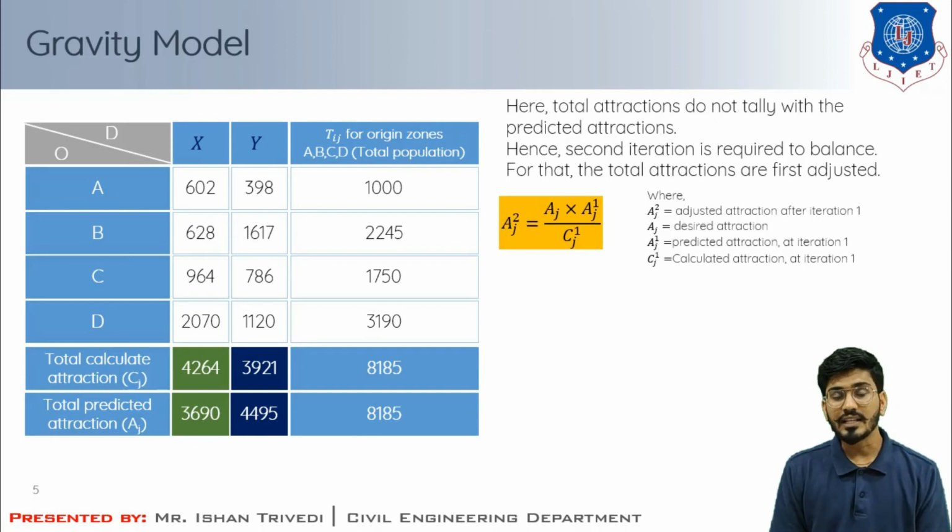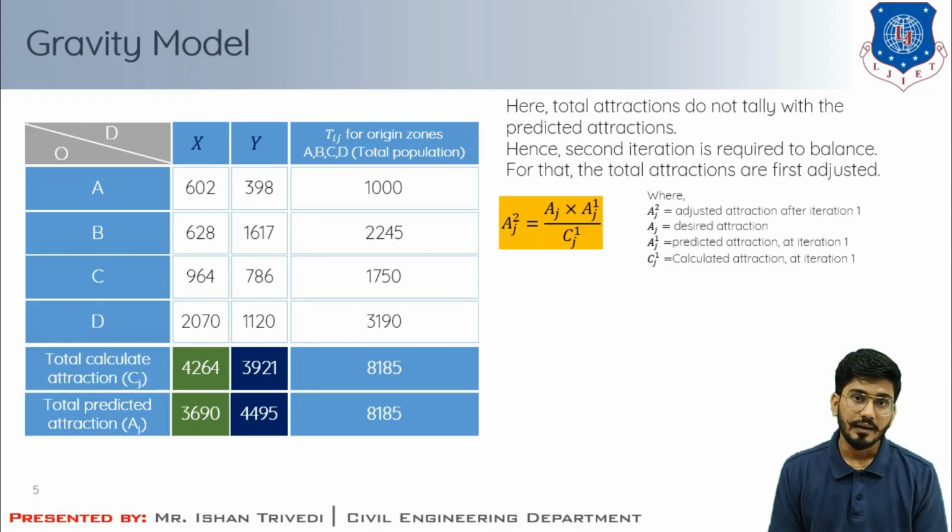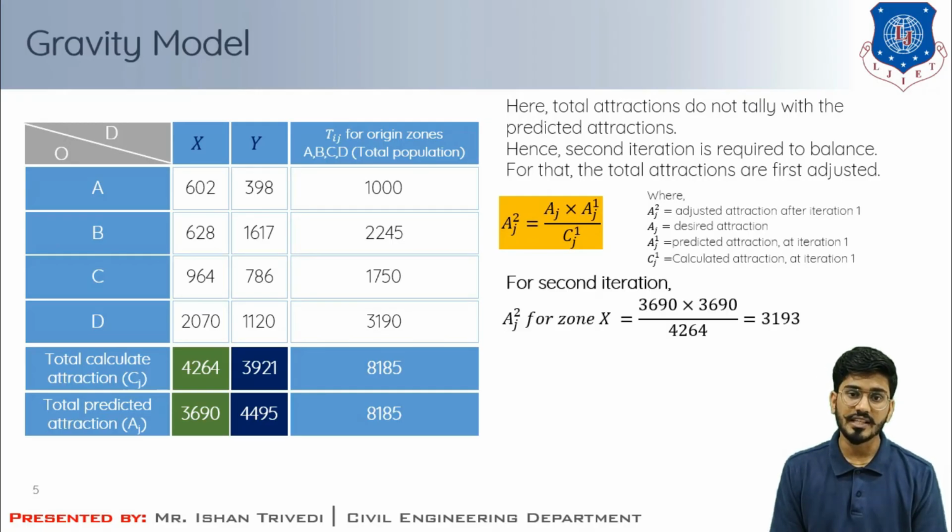So by putting these values in, I'm going to compute the adjustment for those attractions for X and Y industry. We first need to calculate the adjustment of the attraction for X industry. So for the second iteration, the adjustment is done for X zone.